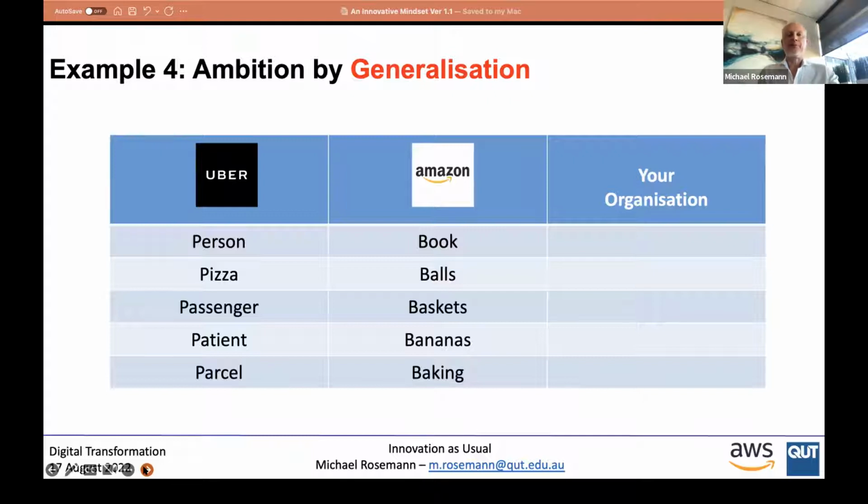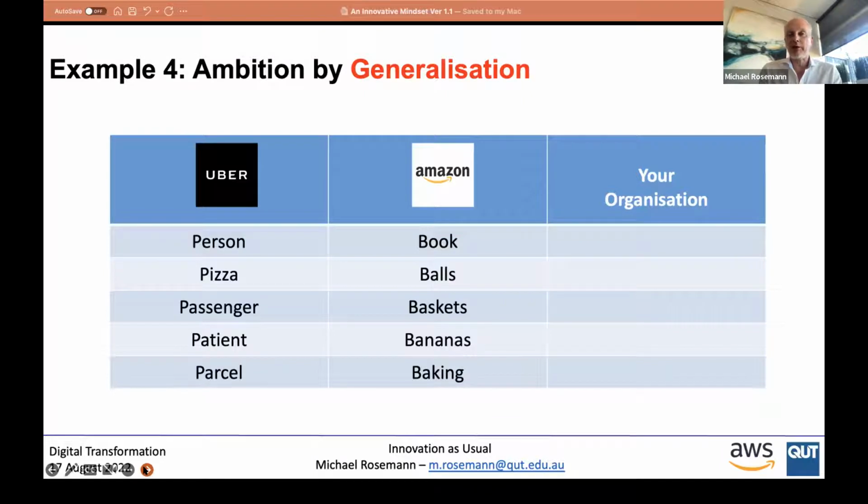Look at Uber. Uber gave the world crowdsourced mobility services. And yes, they started with people. But once they understood that the process works, and yes, crowdsourced mobility is possible, they added food, and Uber Eats was created. And they partnered with Qantas, and now passengers can book an Uber.